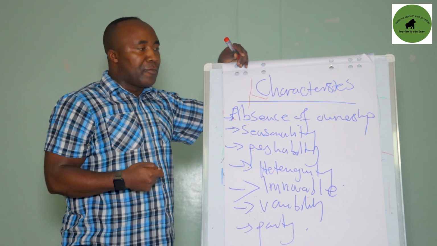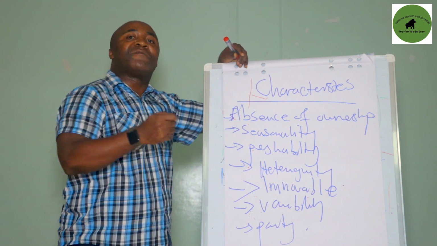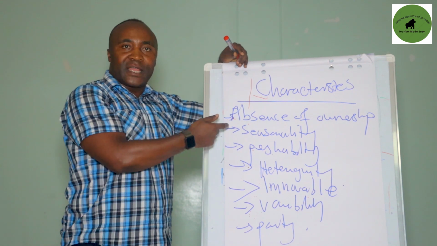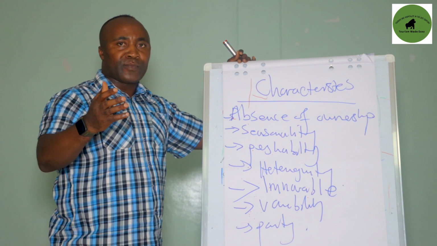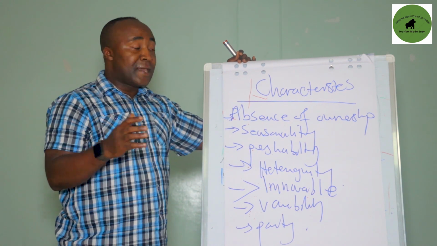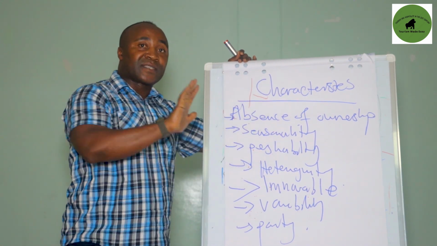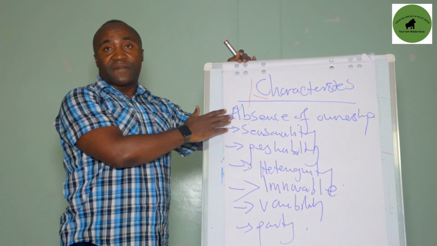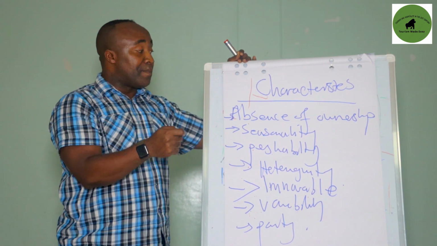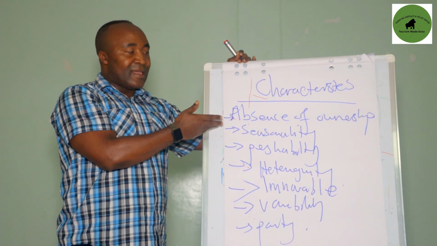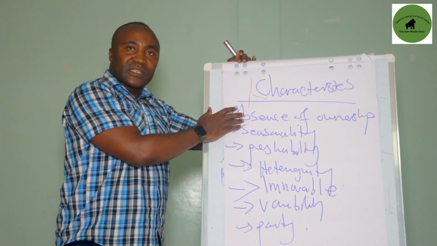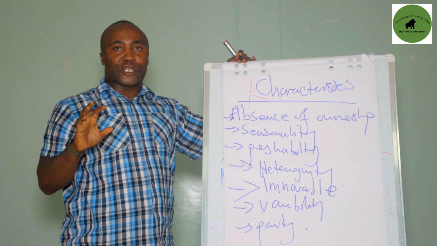You fly or you move, but at the end of it you don't say, give me that vehicle, give me that plane. So there's absence of ownership. We only enjoy them. We do activities on them, but we must leave them there for sustainability and conservation purposes. So we do not buy. What remains in your mind is the memory that at one time I visited this particular tourism destination.